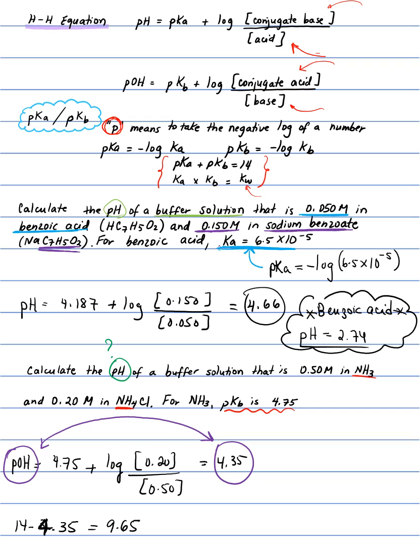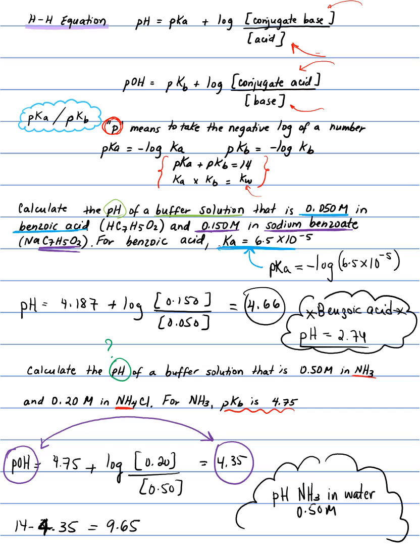Now you can do something similar to what I explained in the previous problem. You can calculate the pH of NH3 with that initial concentration using the ICE table, NH3 plus H2O going to NH4+ plus hydroxide, and you calculate pOH, and then you do 14 minus pOH to give you the pH value.